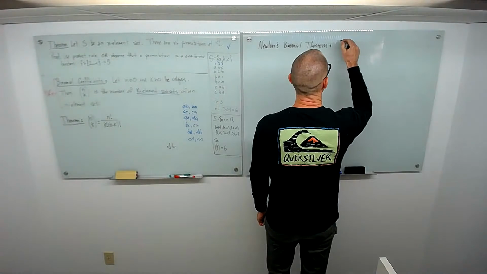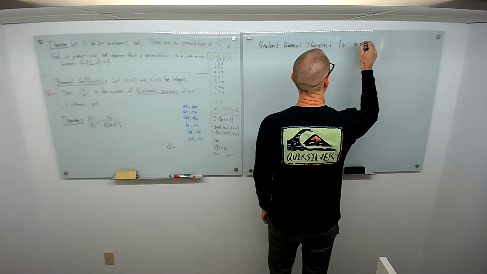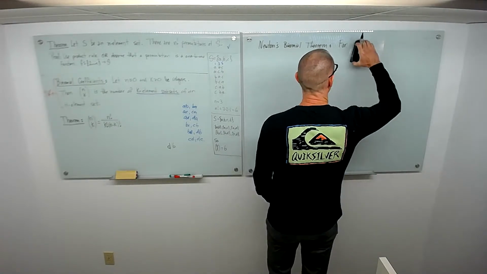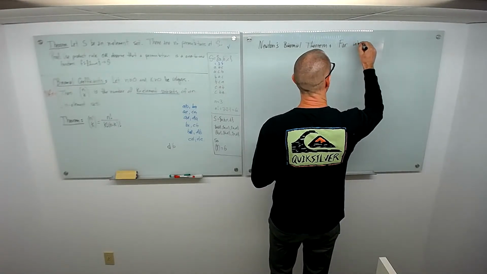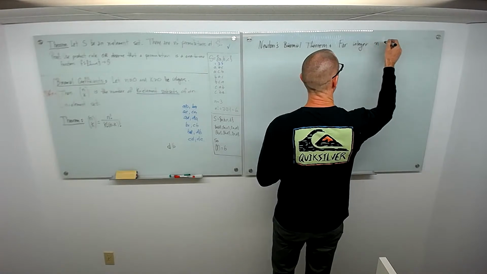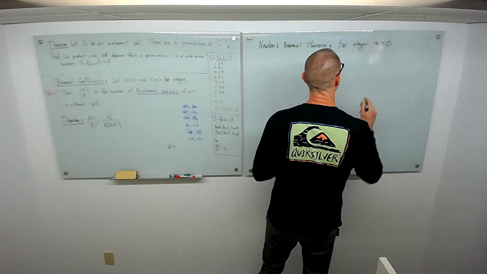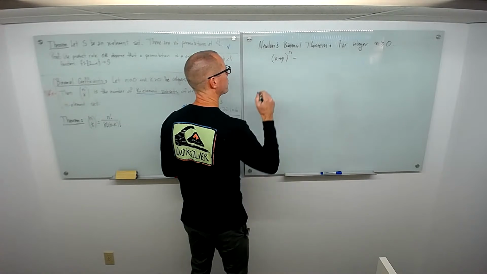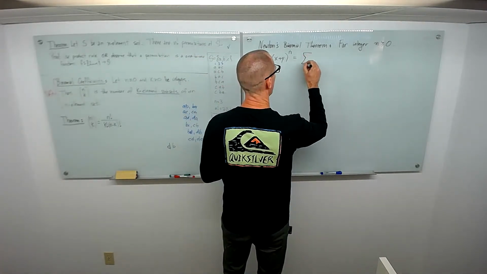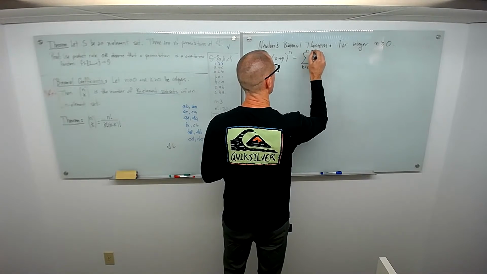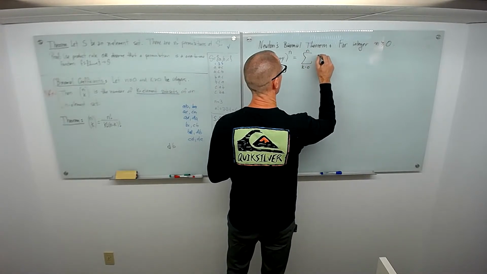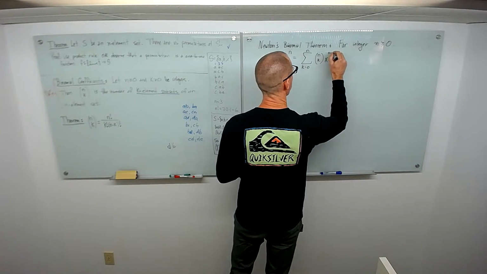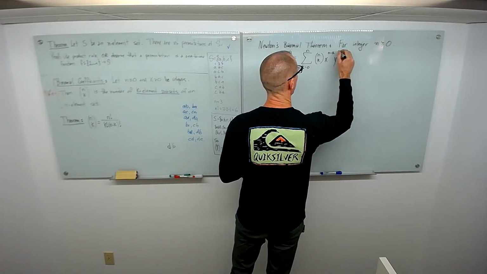And it says for any numbers x and y and any integer n, then x plus y to the n is equal to the sum k equals 0 to n of n choose k x to the n minus k y to the k.